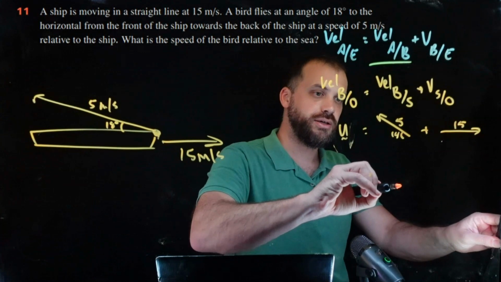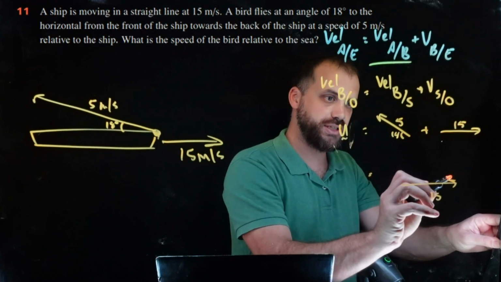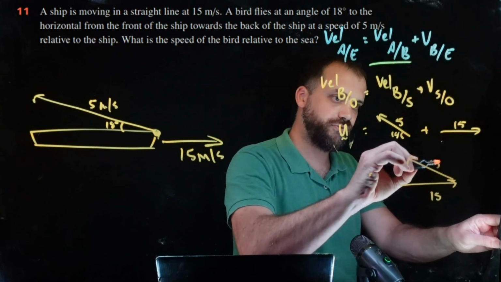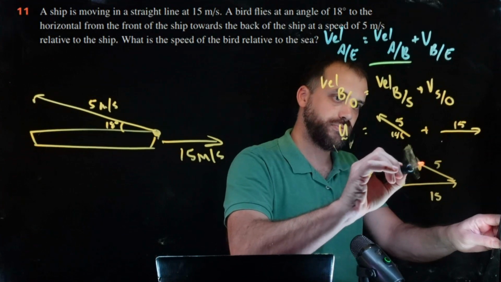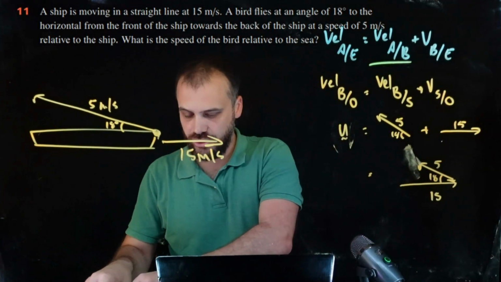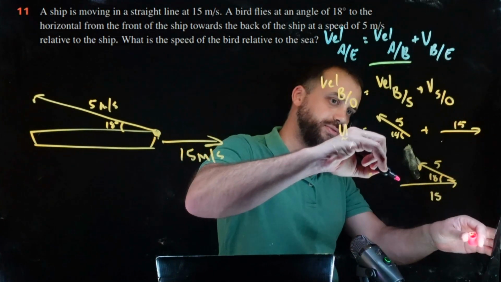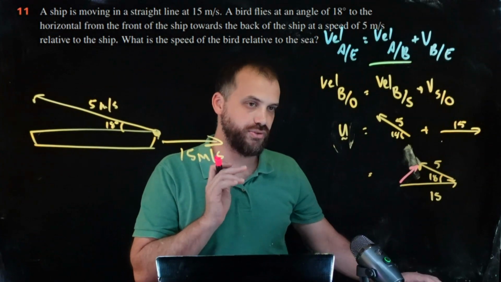We can say 15 plus this vector here, 5, let's make it shorter because it's only 5, and an angle of 18 there. The result of adding those two vectors is going to be this answer right there.